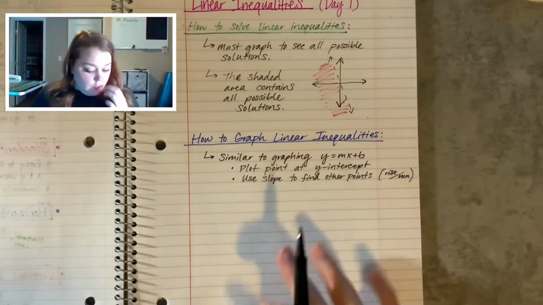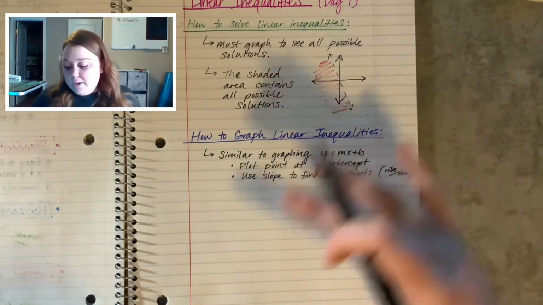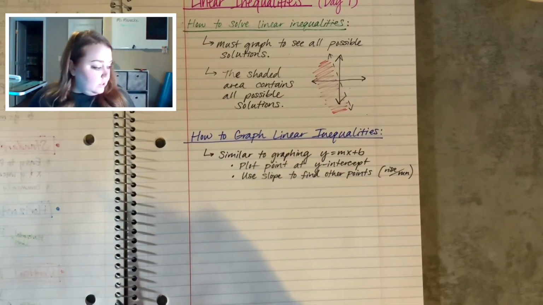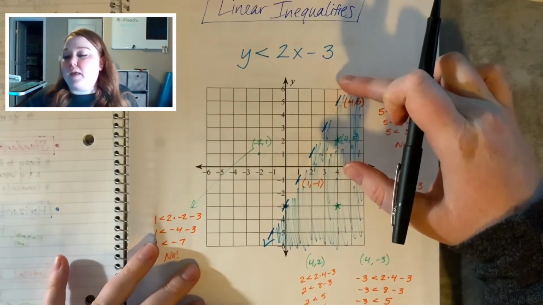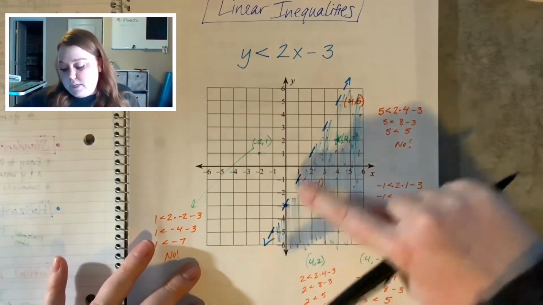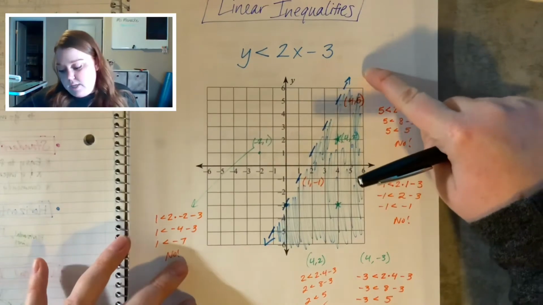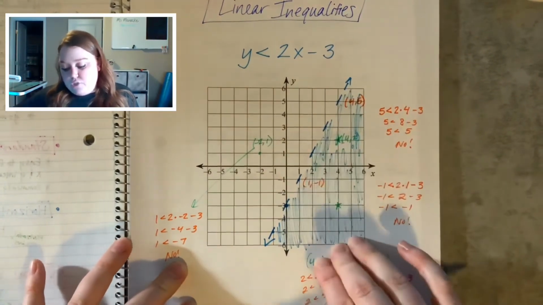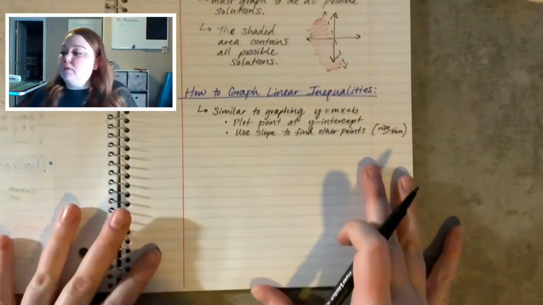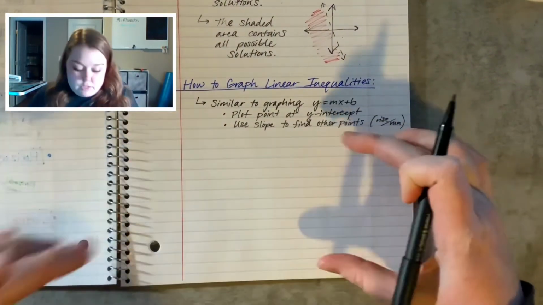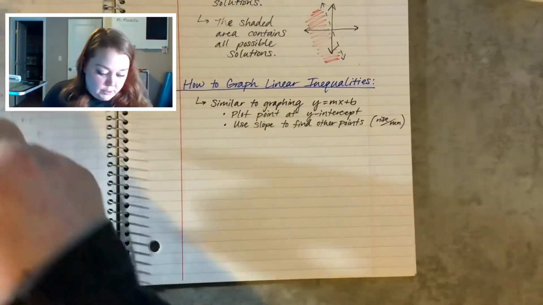So you start by graphing it the same, but then if you remember, I didn't connect the dots right away. There is a difference between a dashed line and a solid line. There's a difference of when you shade below the line and when you shade above. That is what I really want you to do well in your notes, is this next piece right here.